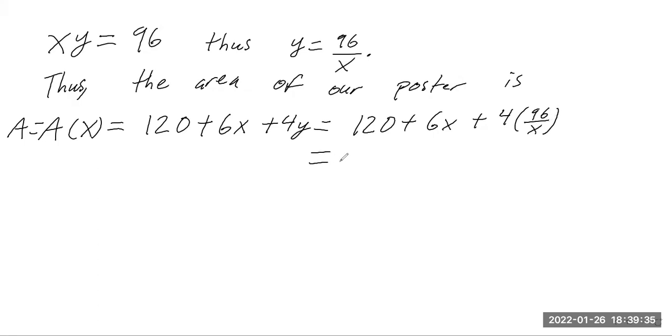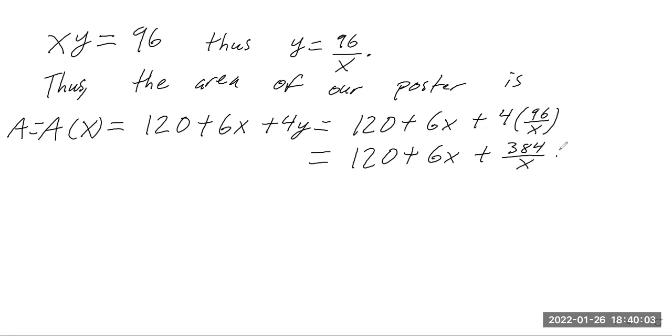And now we just do a little bit of arithmetic. So 96 times 4 should give you a 384. And this is still over x. So now we have the area of our poster all in terms of just one variable.